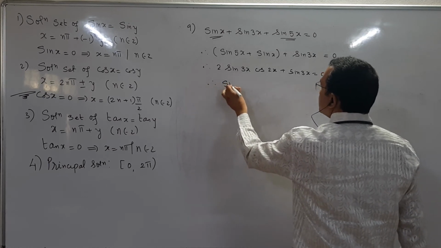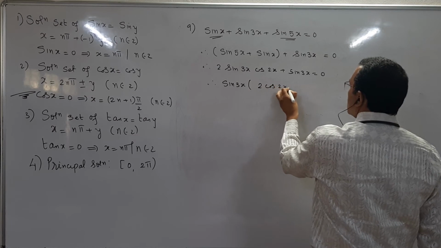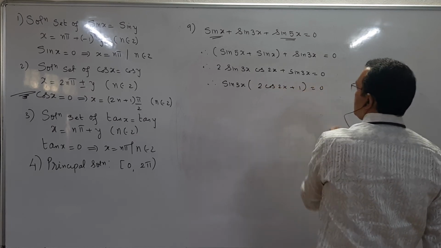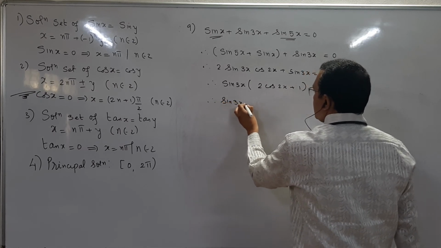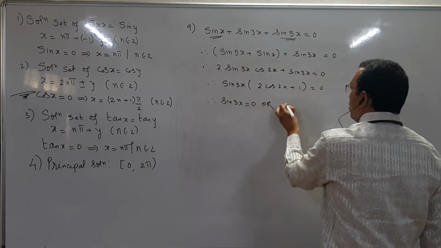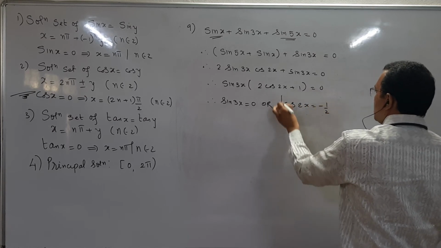Taking sine 3x common, sine 3x into (2 cos 2x plus 1) is equal to 0. Therefore, sine 3x is equal to 0, or cos 2x is equal to minus 1 by 2.